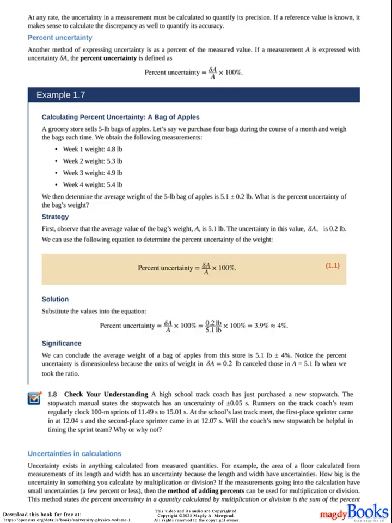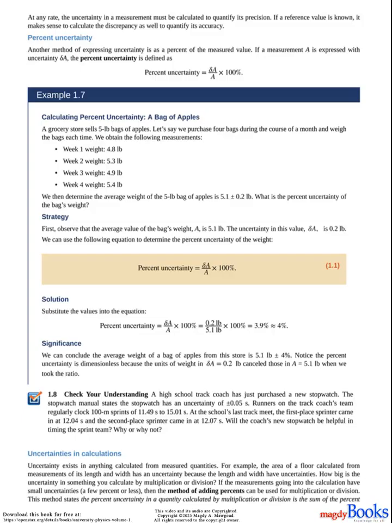Significance. We can conclude the average weight of a bag of apples from this store is 5.1 pounds plus or minus 4%. Notice the percent uncertainty is dimensionless because the units of weight in delta A equals 0.2 pounds cancelled those in A equals 5.1 pounds when we took the ratio.